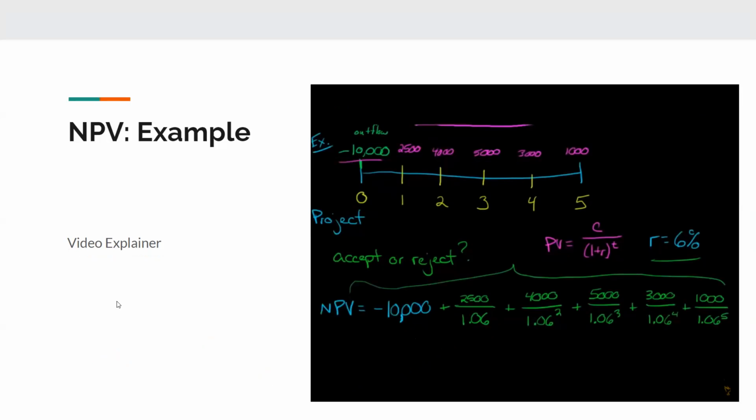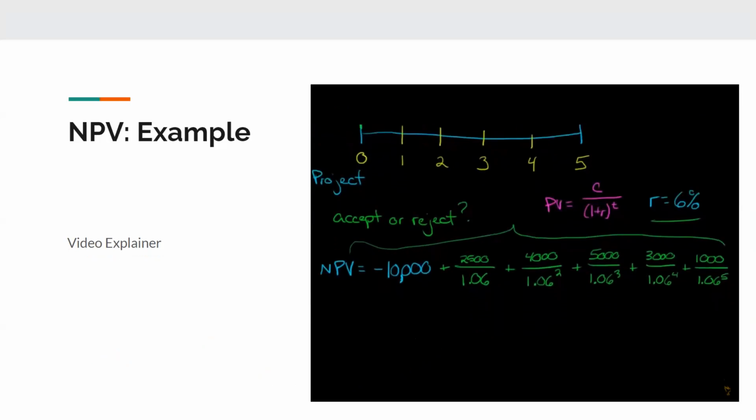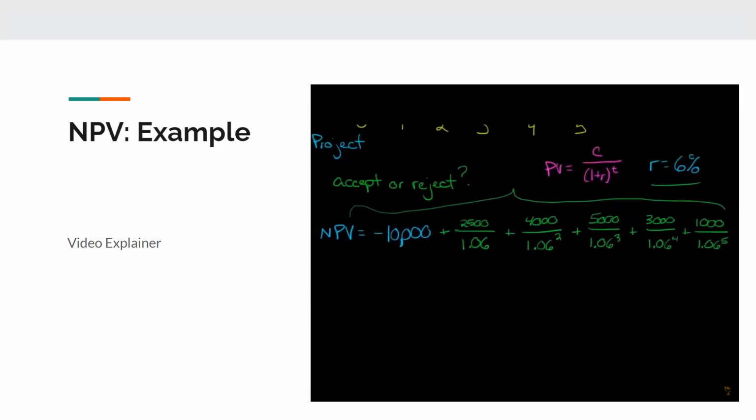Now, we'll talk about how to interpret that and what we're going to do with it in a moment, but let's just go ahead and finish out these calculations. So this net present value is going to be equal to that negative 10,000 that we incur up front to start this project, and then all these cash flows here, when we add that all up, it's going to add up to $13,239.